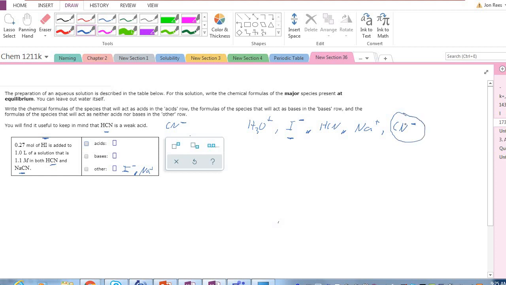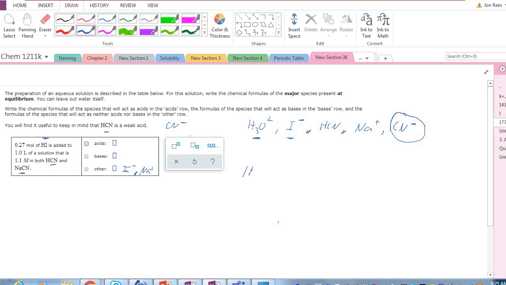Alright, a weak base, which CN minus is, is going to react with a strong acid, and these might be some of the tricky ones to pick out here. Okay, but notice I still have that strong acid, that HI in there, and so a strong acid is going to react with a weak base, and that's the chemistry that I see going on here.